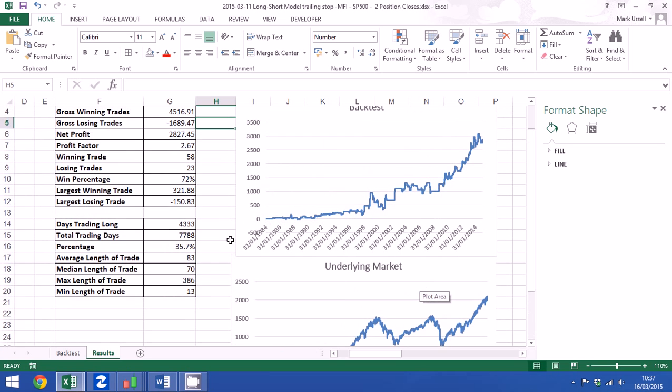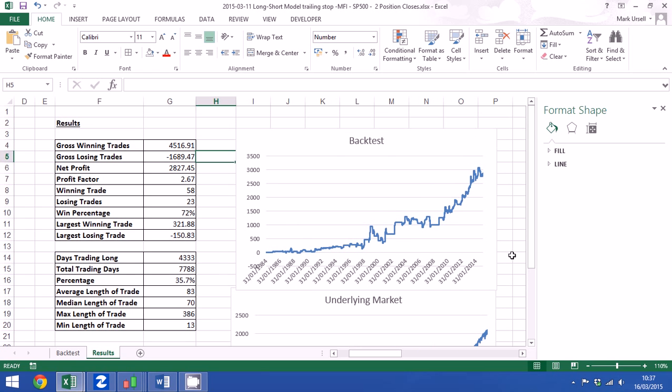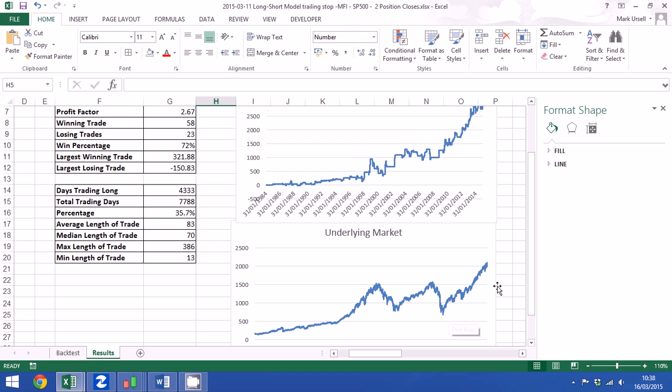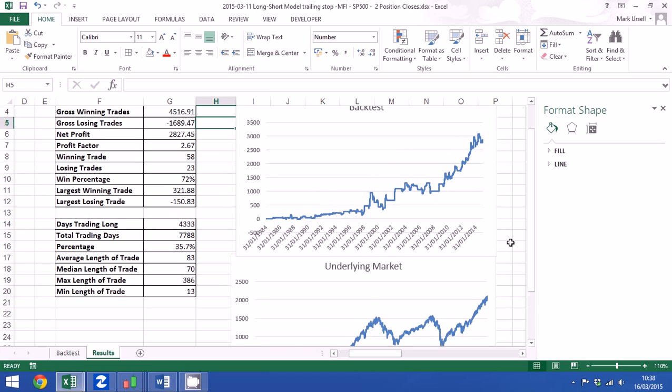Now I've used a backtest between 1984 and the 3rd month of 2015, so we've got quite a lot of data here, and the S&P has obviously had its ups and downs during that period. 1989 crash, was it there? Back in 2002-3 we had the bear market there. We had of course the more recent one in 2008 and 9, and then the more recent recovery since then.